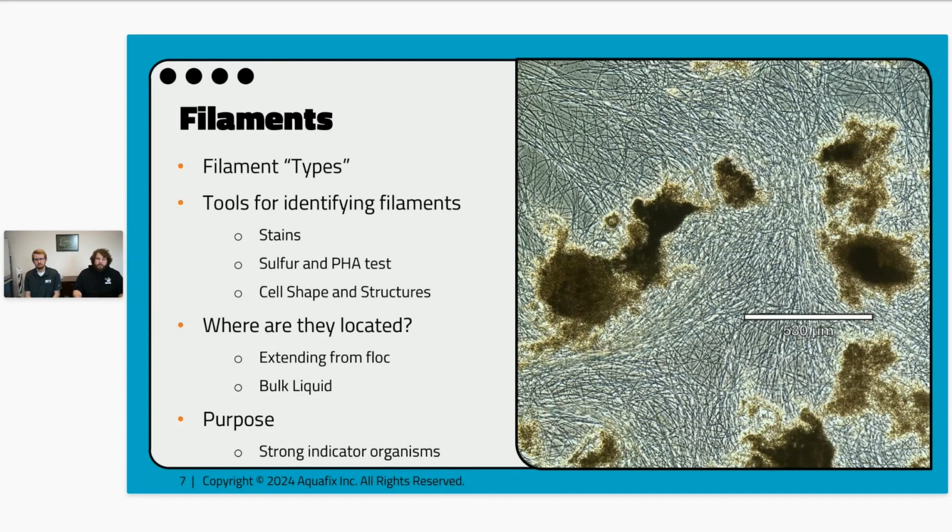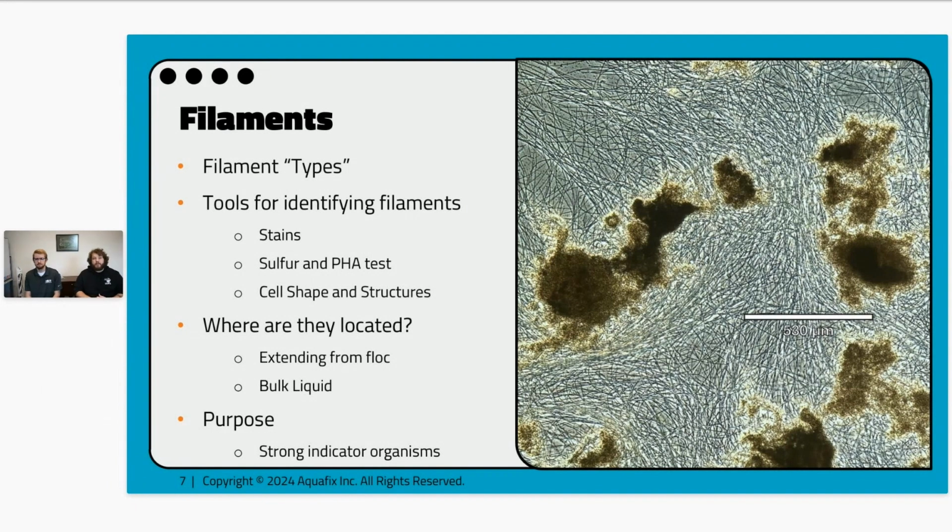Identification of filaments is very important because filaments are very important indicator organisms. You're going to have filaments that form because of environmental conditions or substrates that exist within your system, and they're going to form very specifically due to those things. There are very specific low DO filaments. There are very specific high soluble carbon filaments. There are very specific low F/M filaments, fats, oils, and grease filaments, and old sludge age filaments.